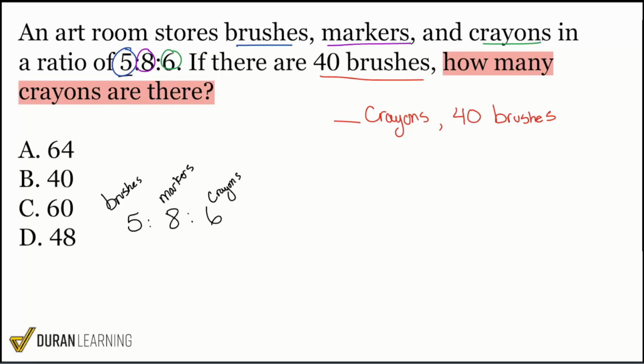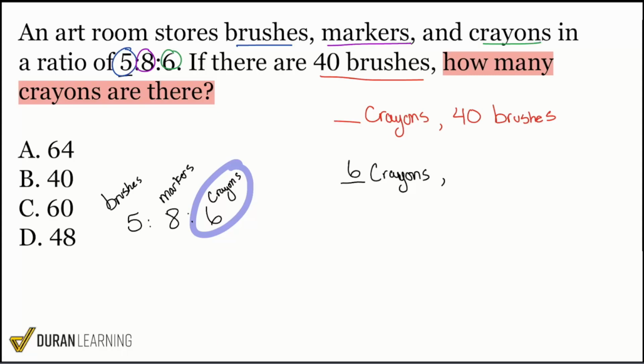We're good to go, because all we need to do to set up a proportion is compare the same things in the same way. Here we start off with crayons. Everybody help me out. What number represents crayons in that ratio that we just wrote down? 6, right here, my party people. 6 crayons. So I'll go ahead and write 6 for crayons. And then everybody, which of these two remaining numbers should we use?